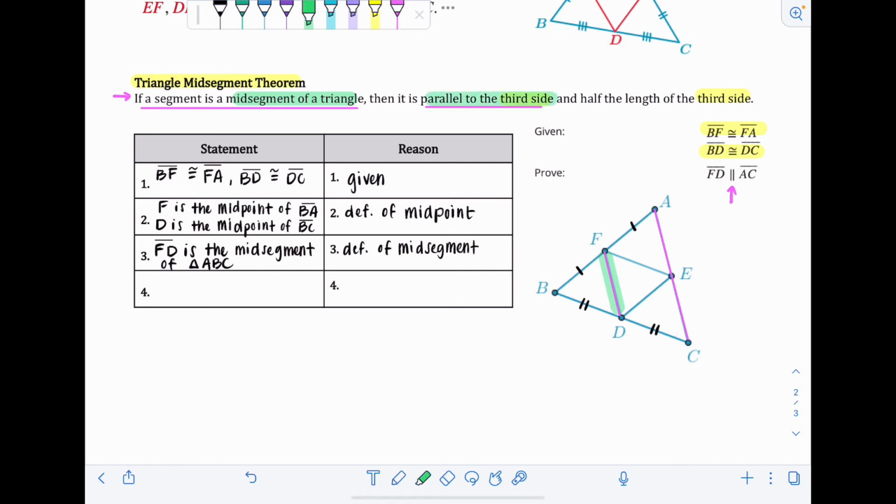The third side is the side that the mid-segment does not connect. So we can use that theorem as justification. You would say segment FD is parallel to segment AC, and our reason would be the triangle mid-segment theorem.